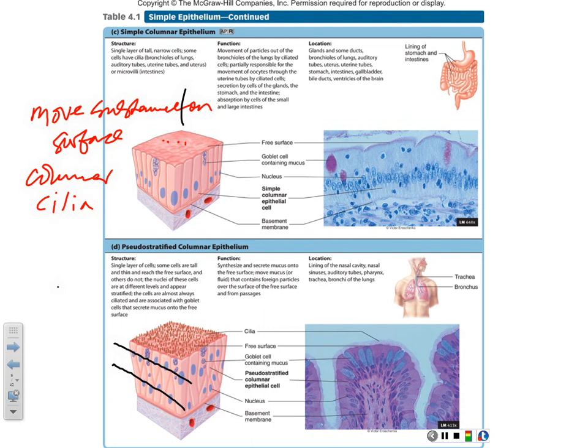It's the way they are arranged and the way the nuclei appear. So some nuclei are in one level, some nuclei are on another level. So if you just look at the nuclei, you've got multiple layers, but you really have the one layer. All right, and these are ciliated.